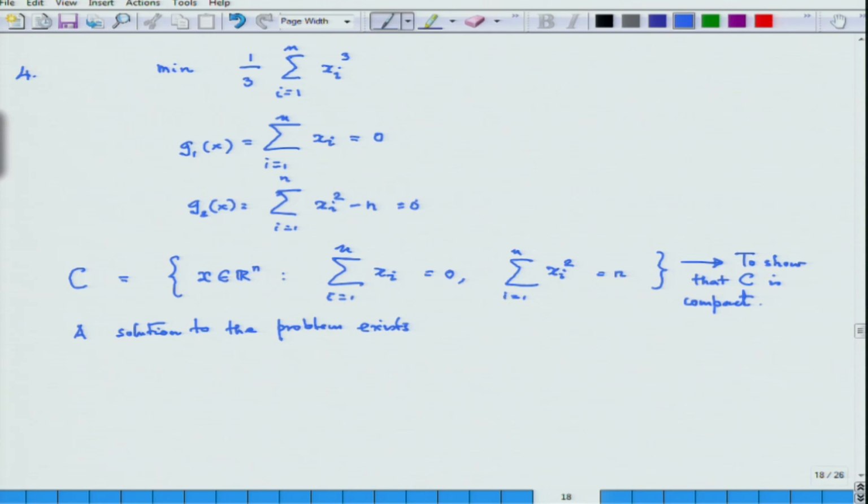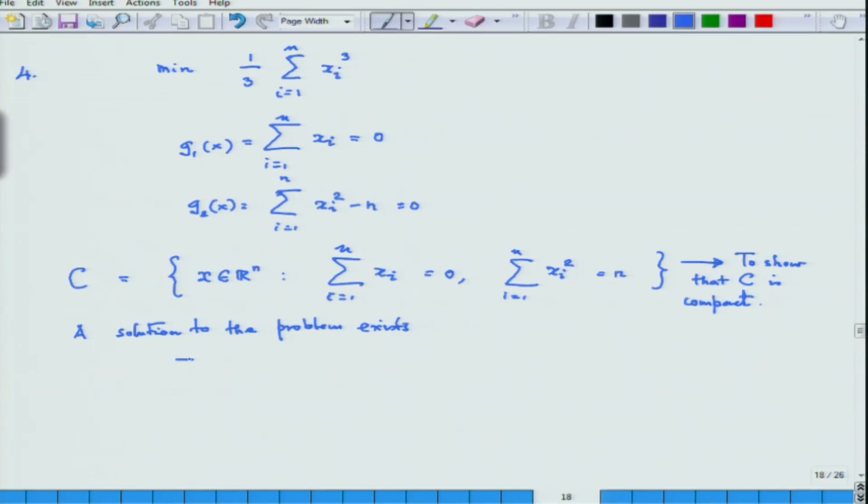Whether these constraints are linearly independent at the solution, the gradient of this and this. If the gradients of this and this form a linearly independent set at the solution, then we are thoroughly sure that all the multipliers would be normal, and that is exactly the way we need to now proceed.